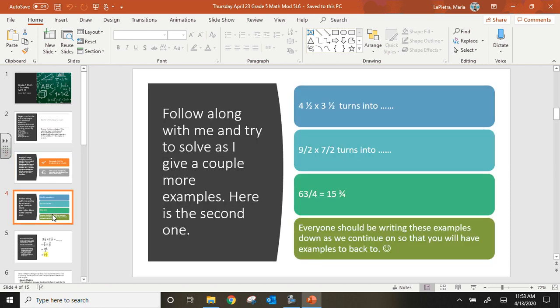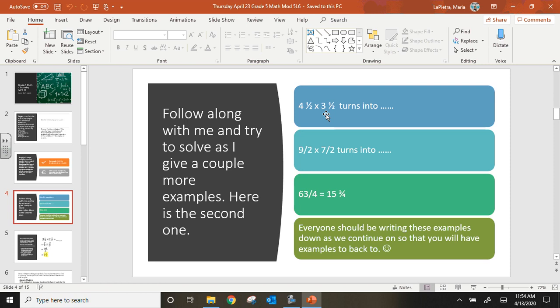Follow along with me and try to solve as I give a couple more examples. Here's the second one: 4 1/2 times 3 1/2. This should look familiar to you from when you were in my RTI groups.